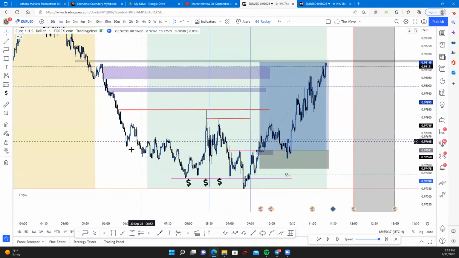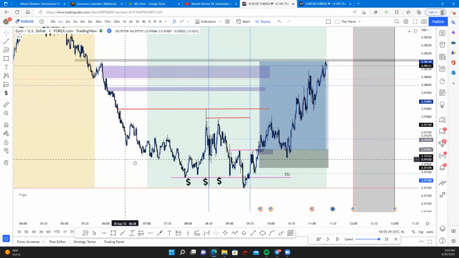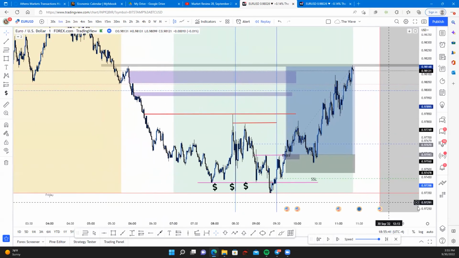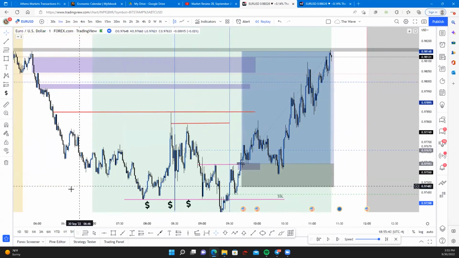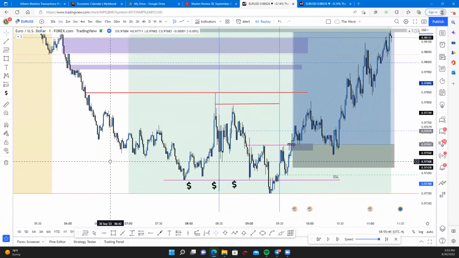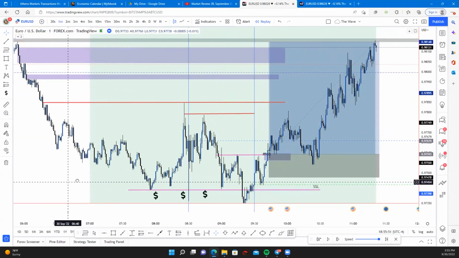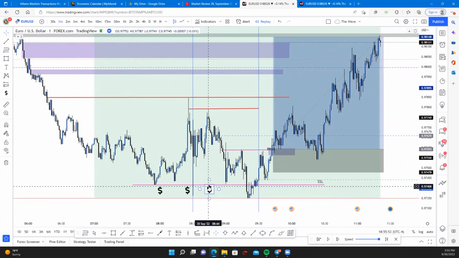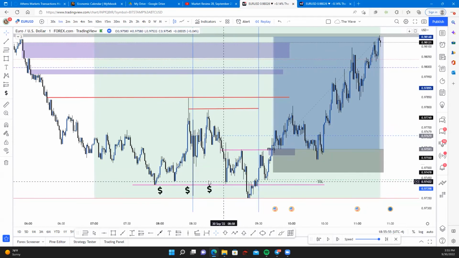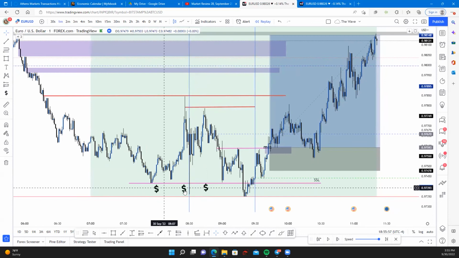So that's the basic rundown on today's possible entries. I was at work this morning, so I did not play, and it is the end of the month, end of Friday, so I generally don't like to trade on Fridays or the end of the month. But looking back, this is how you would have traded today.